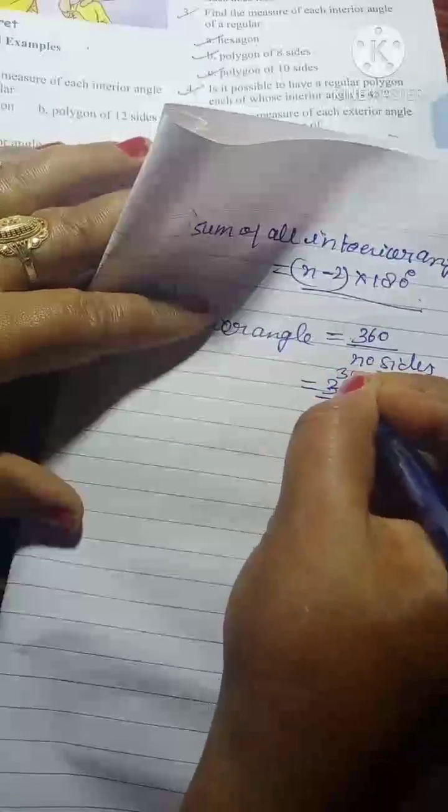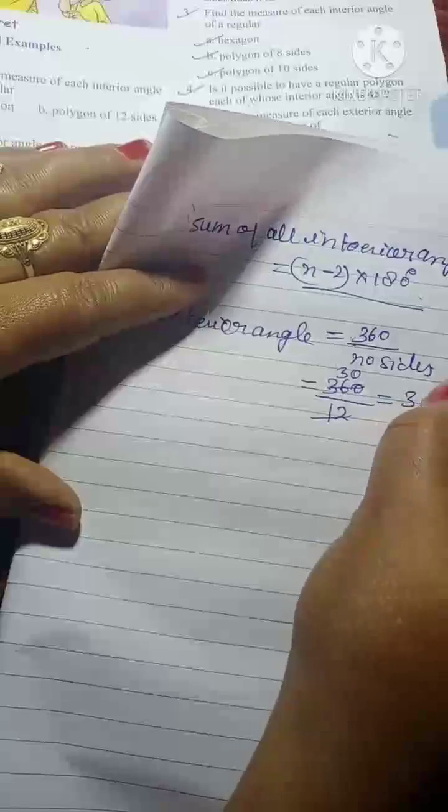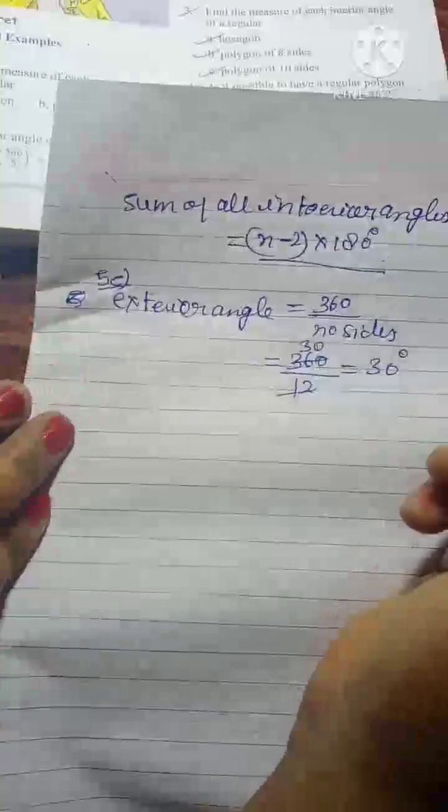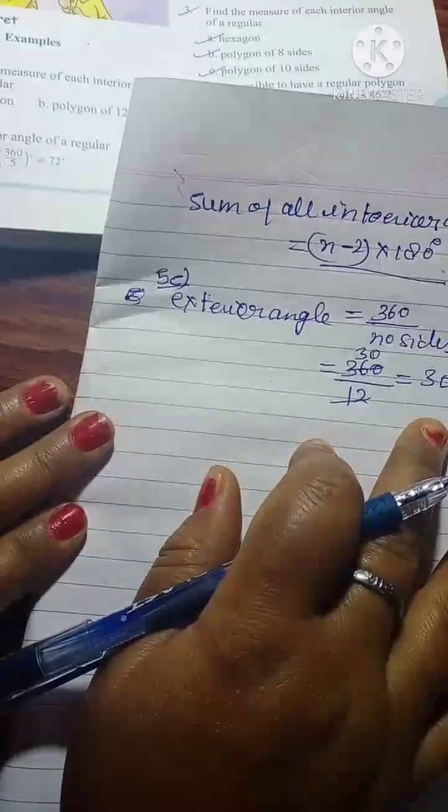For C part, it will be 360 divided by 12 sides, so 12 threes are 36, 0. What will be the exterior angle? 30 degrees. So in this way you can find that. Rest of the question you will do in this pattern.